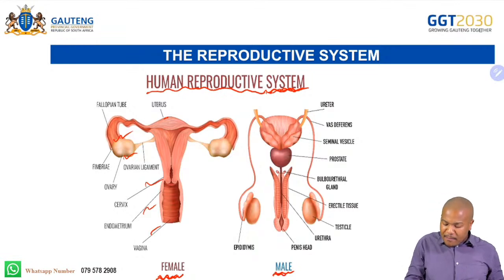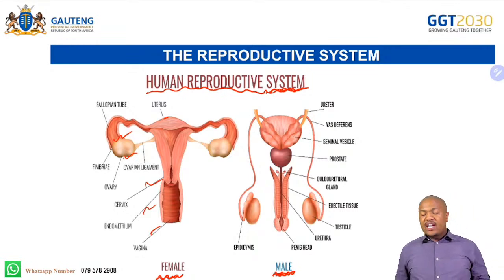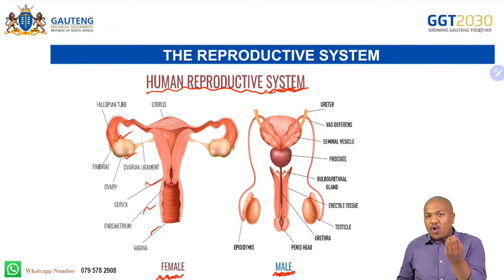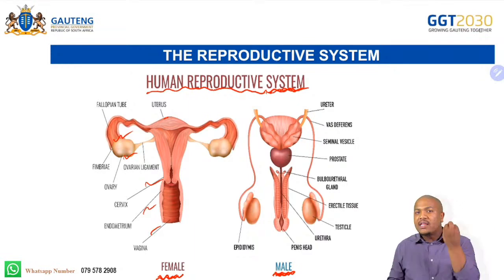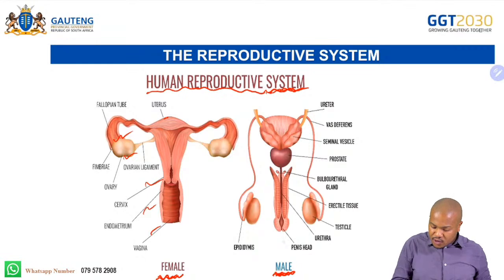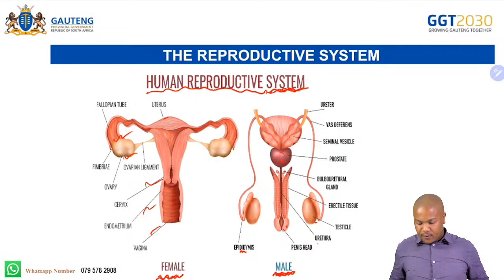So when you look at the male reproductive system as well, it also has different organs which work together to ensure the survival of humans, right? To mention some, we have the epididymis, which stores sperm temporarily. We have the penis, the urethra, the testicle or testes, the prostate, and the bladder, for example, right?